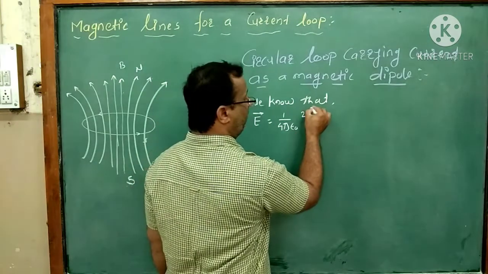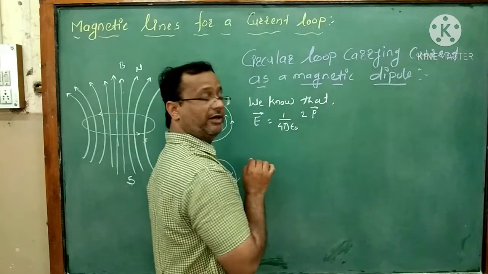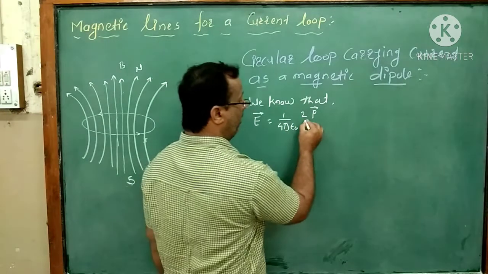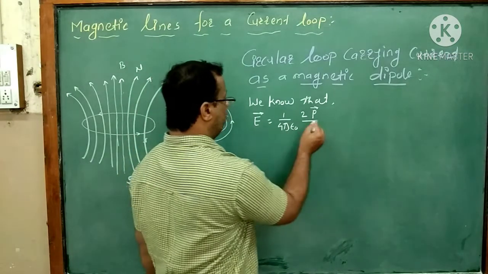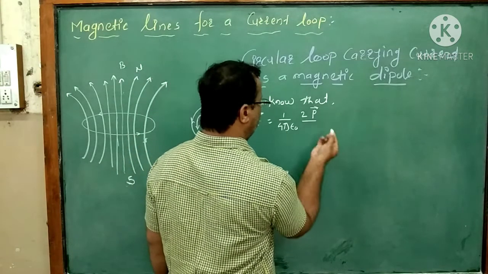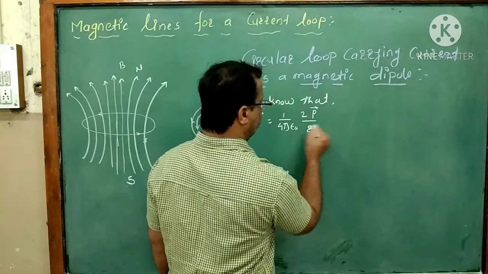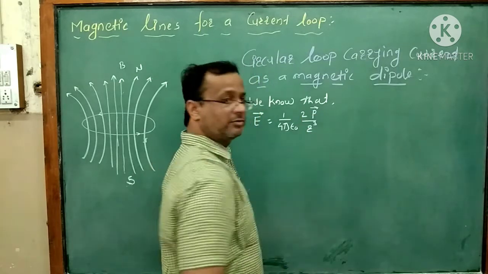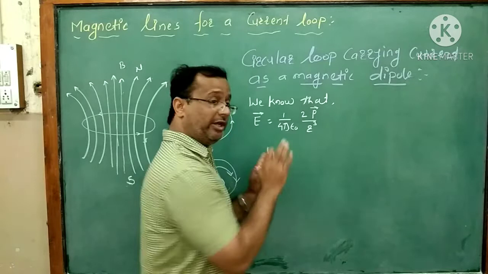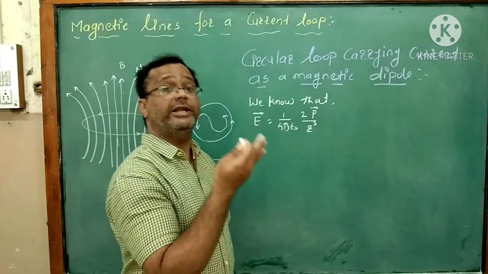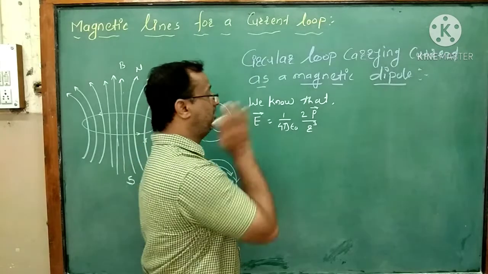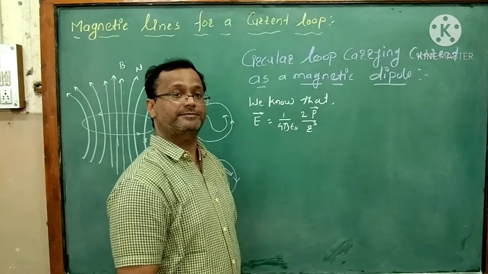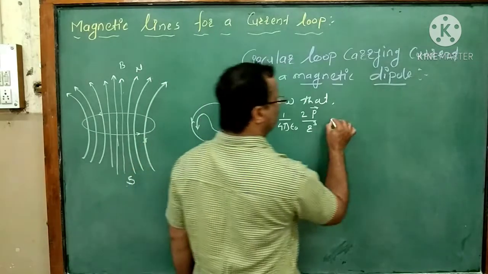So the dipole moment is also a vector. This is the equation of the electric field intensity produced by the electric dipole. Suppose this is equation number 1.